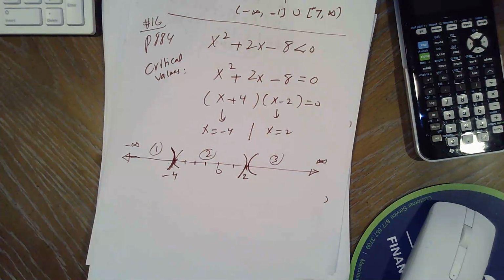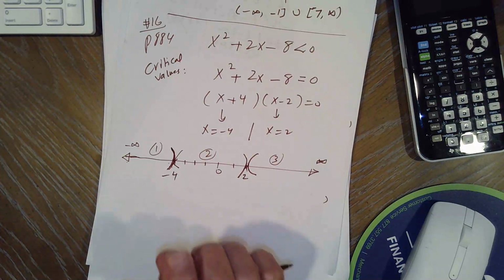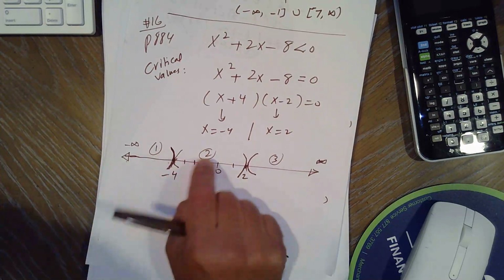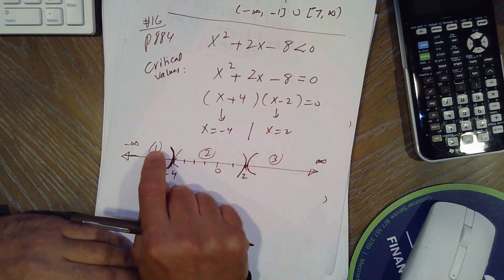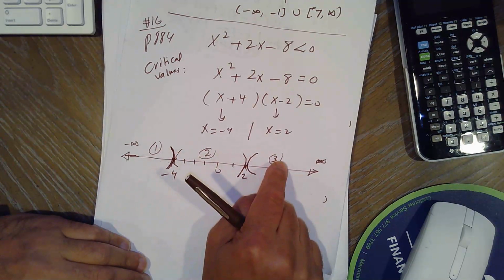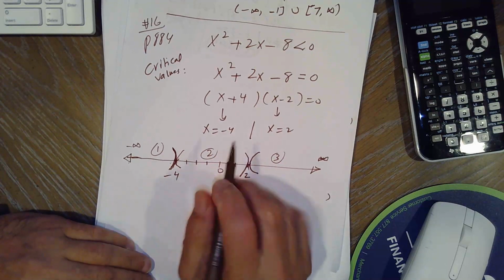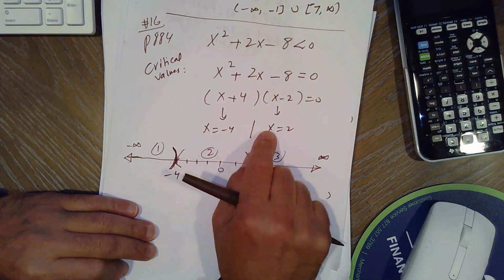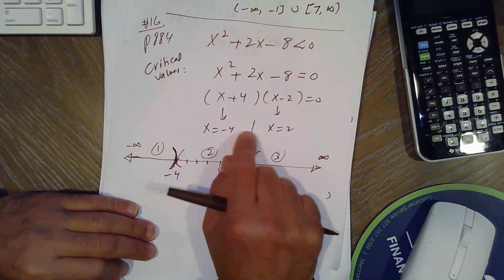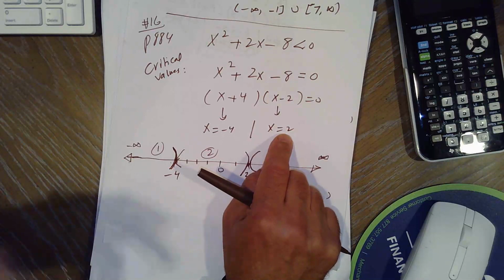Now, you can assume that the test intervals alternate. By alternate, I mean it could be true, false, true, or false, true, false, as long as none of the critical values appear an even number of times. Each critical value appearing once is odd.